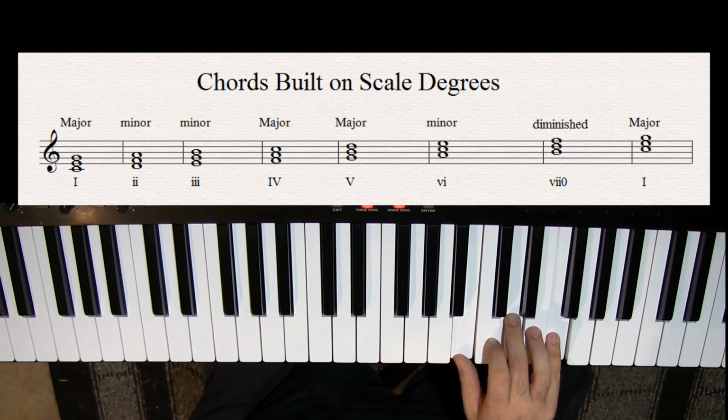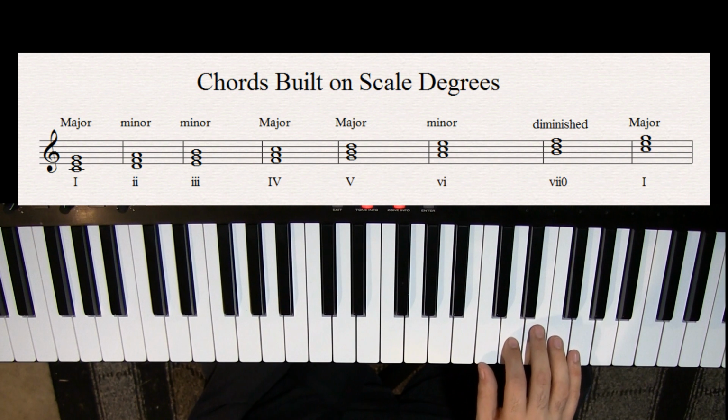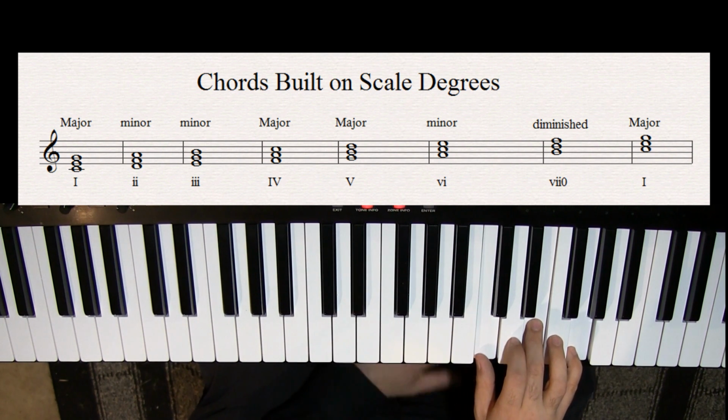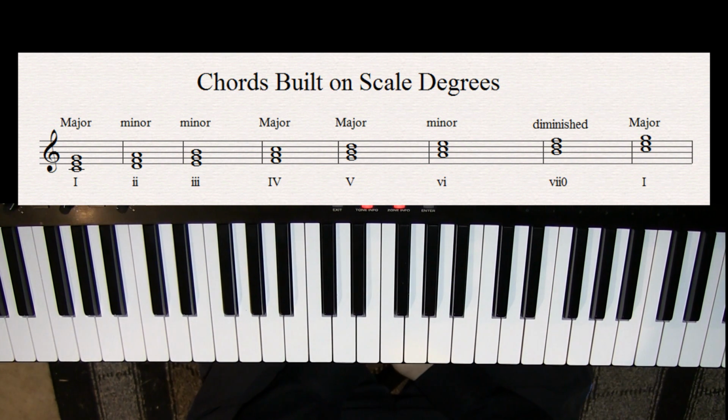And then we have the C major chord again, which is a I chord again. Of course, it's going to be a capital 1 because that's a major chord. And now I want you to keep in mind that this pattern of major, minor, minor, major, major, minor, diminished, major holds true to every major scale you play.